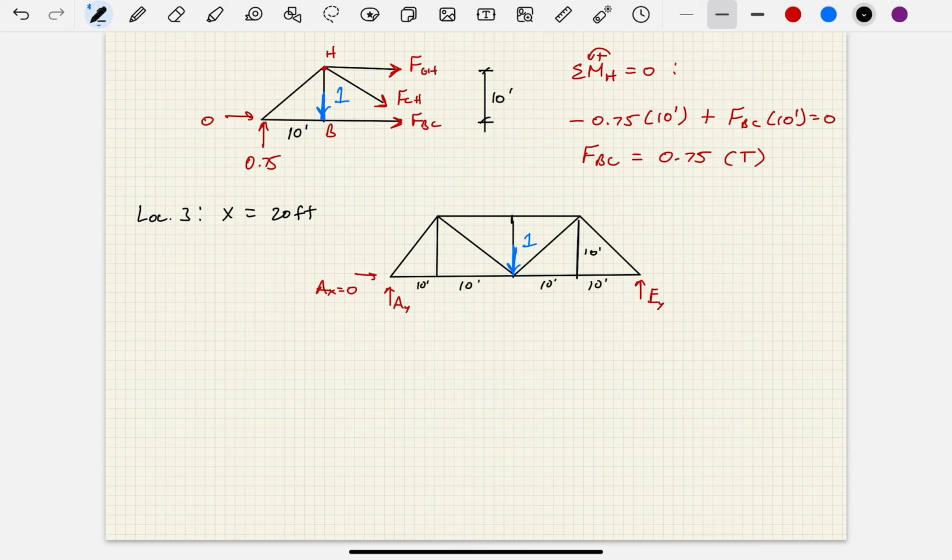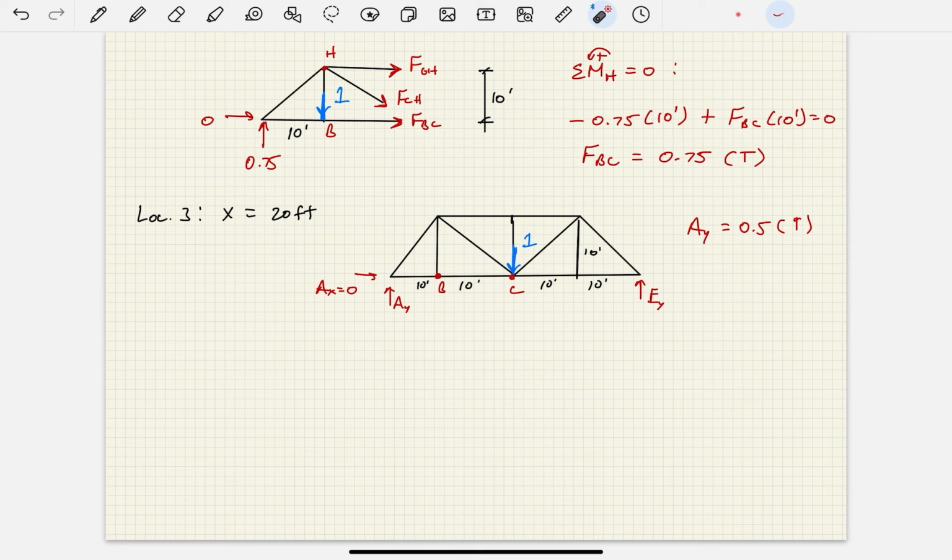This is 10 feet tall as well. And then just to make sure I know, remember I'm still looking at member BC. And so by equilibrium, clearly we can say by symmetry and equilibrium, AY equals 0.5 going up. Again, your 1 is right in the middle, so AY has got to be 0.5. EY also is the other 0.5.